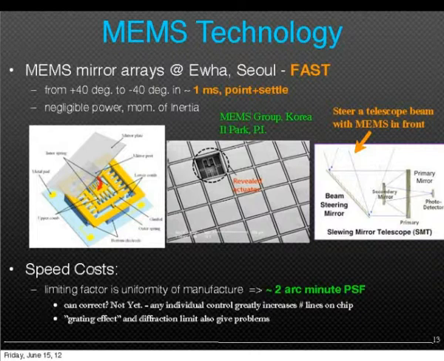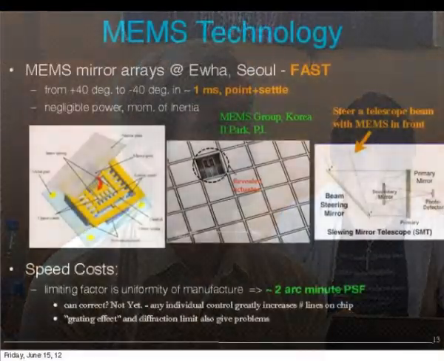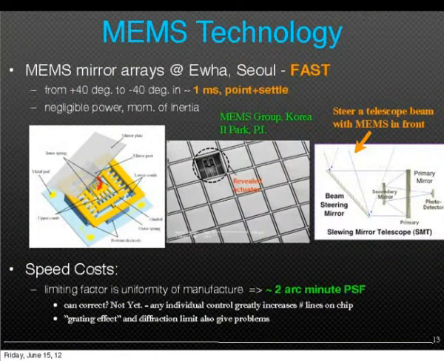These are 0.5 millimeter size mirror segments here. What's different about these from commercial MEMS devices is that they have extremely large throws. Plus and minus 50 degrees is no problem. They operate in milliseconds, which is very exciting for trying to steer a beam.